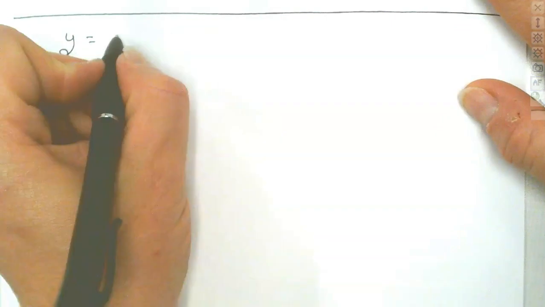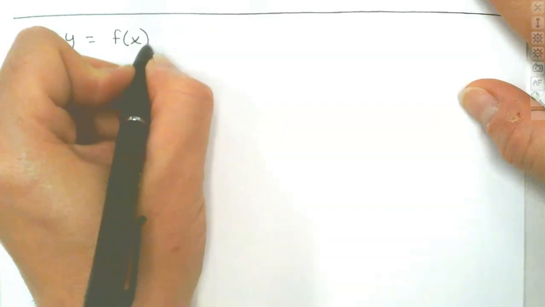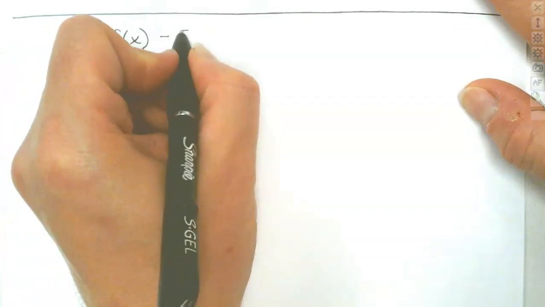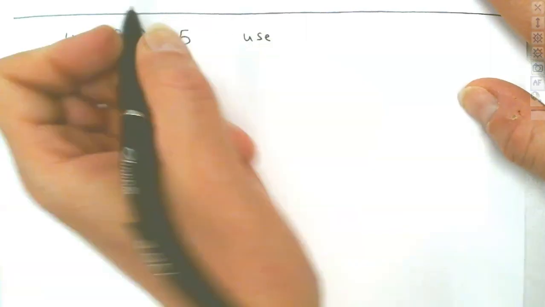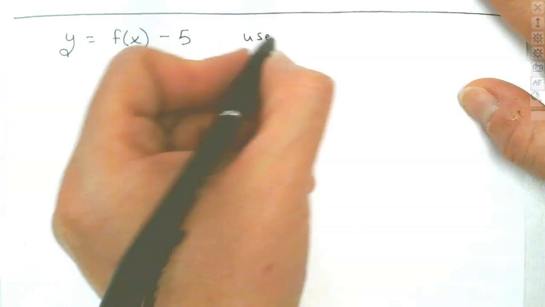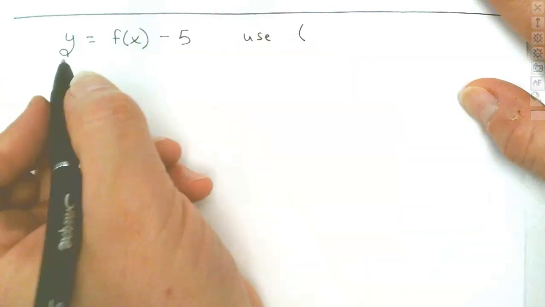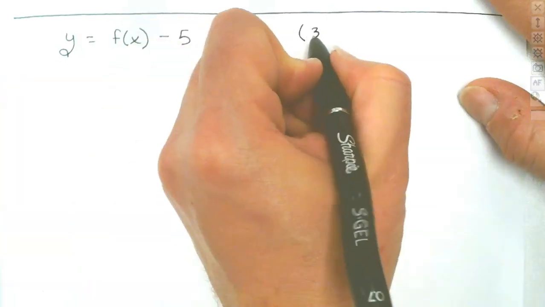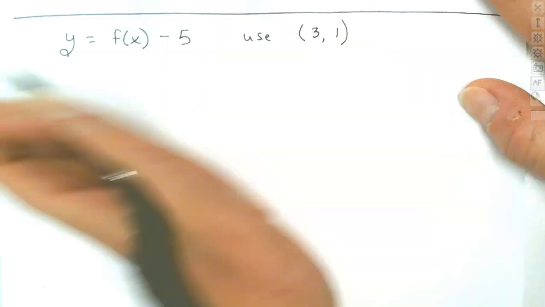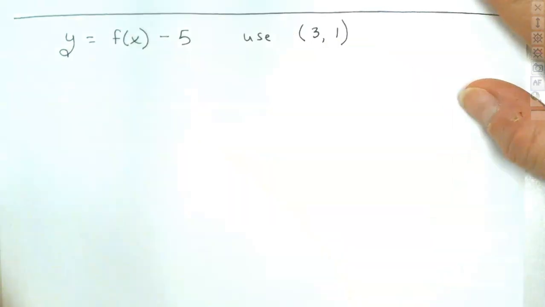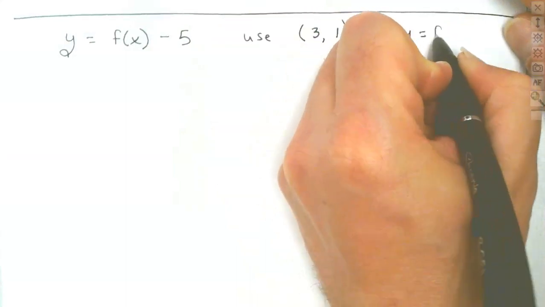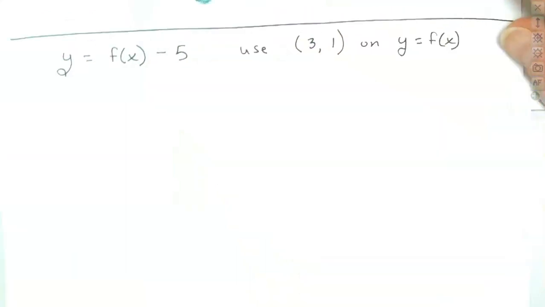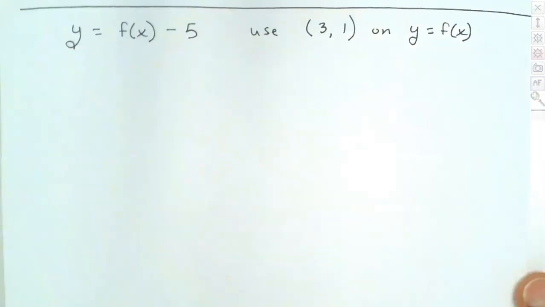Let's say y equals f of x minus 5, and I want you to use the point 3, 1. If that's on the original graph, where is it going to fall on the new graph?